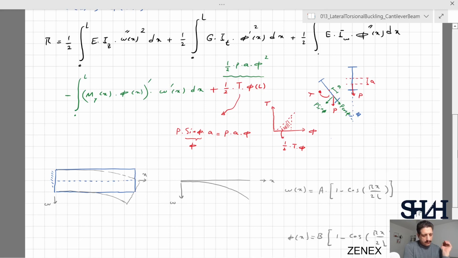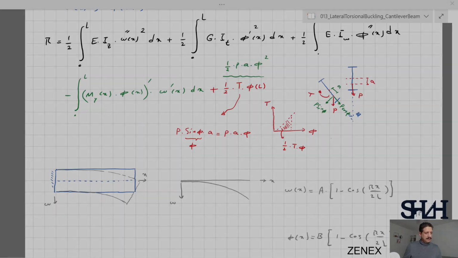Then we can find out what P will be. So for this reason, we can use MathCAD.